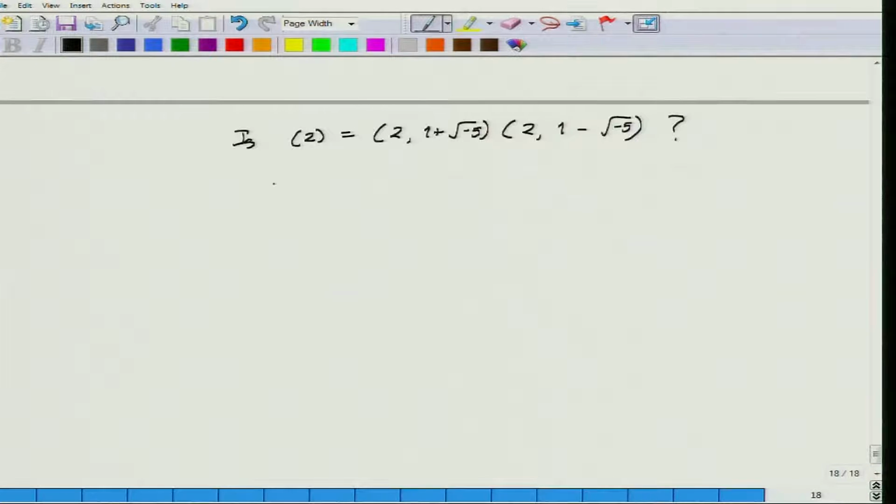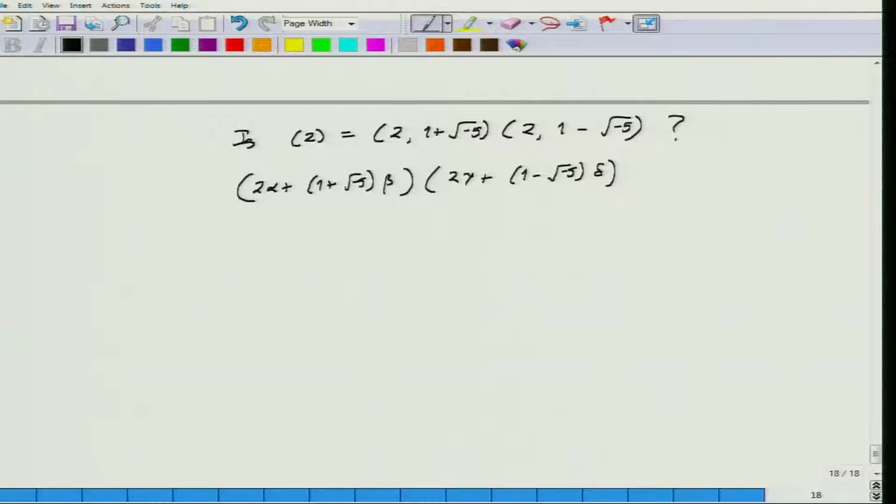An element here, which is (2 alpha plus (1 plus square root of minus 5) beta) times (2 gamma plus (1 minus square root of minus 5) delta). That's a general element of this product. Of course, there are sums also, but each term of the sum has this form.